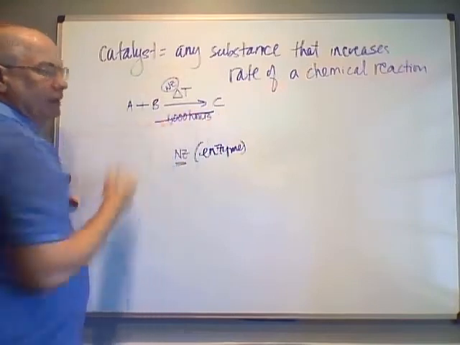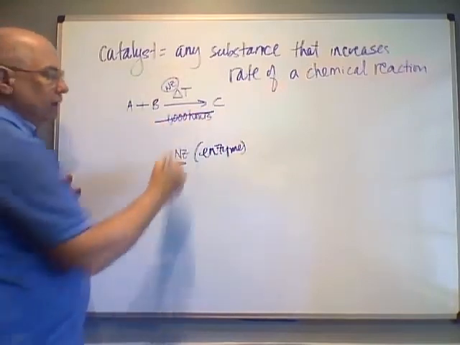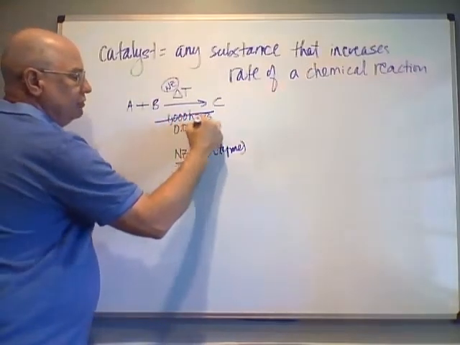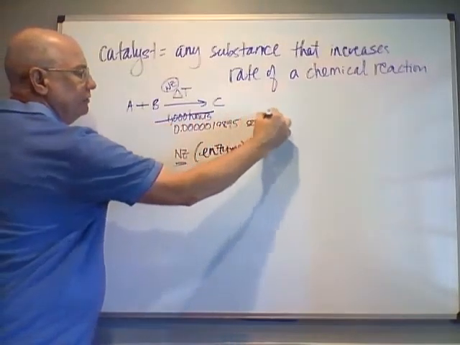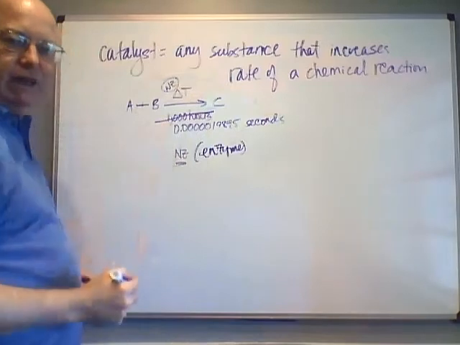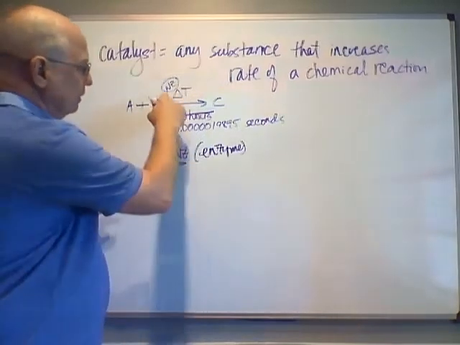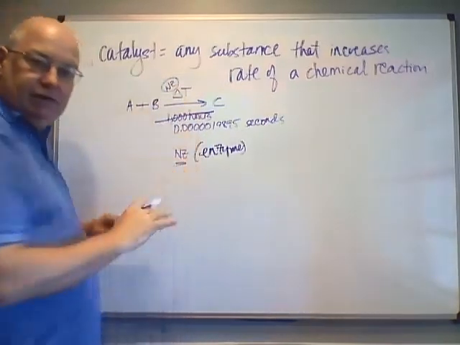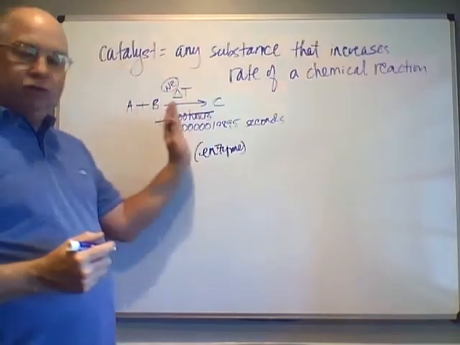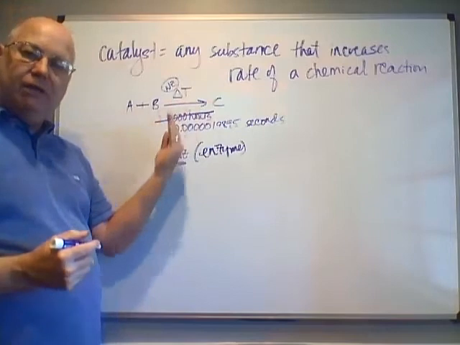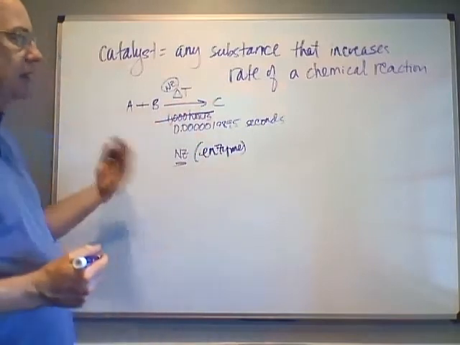And when I mix that with the other compounds, this goes to 0.0000019895 seconds. It happens almost instantaneously. And this substance can be pulled back out unaltered. Then we would call that a catalyst because it reduced the time that it took for the chemical reaction to occur.